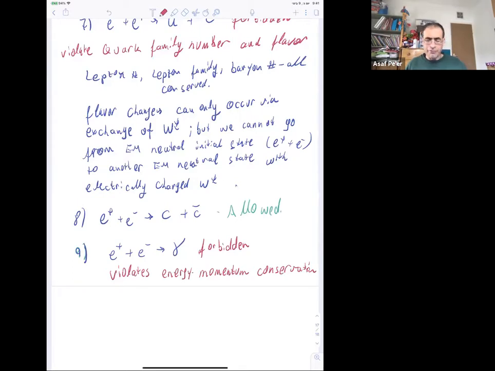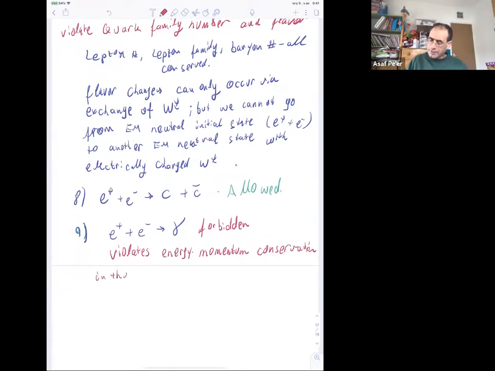You can always go to the center of mass frame, and then the total initial three-momentum is 0, but we do not have any photon with 0 momentum in any frame. In the center of mass frame, P total initial equals 0, and there are no photons with 0 momentum.